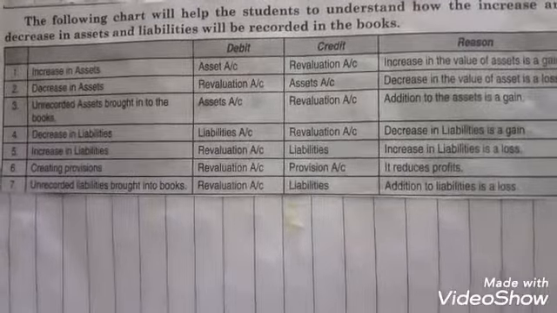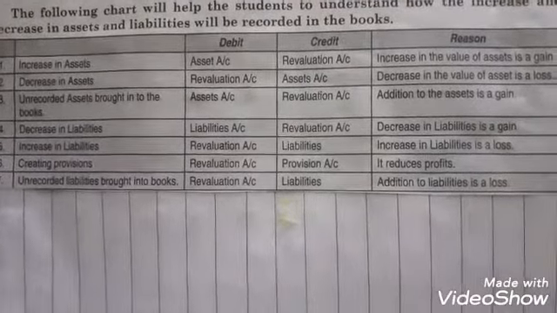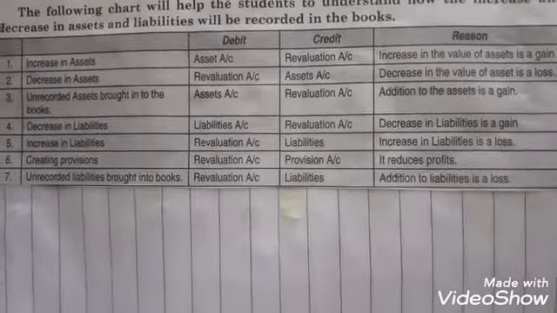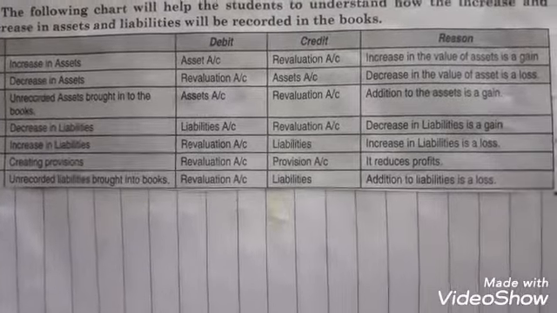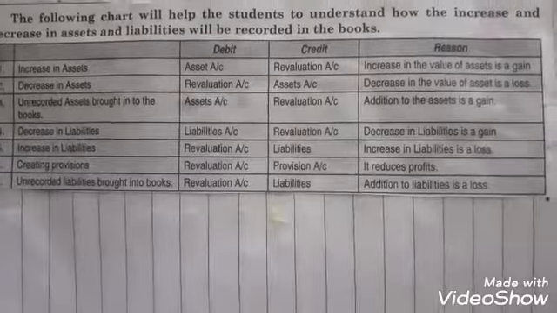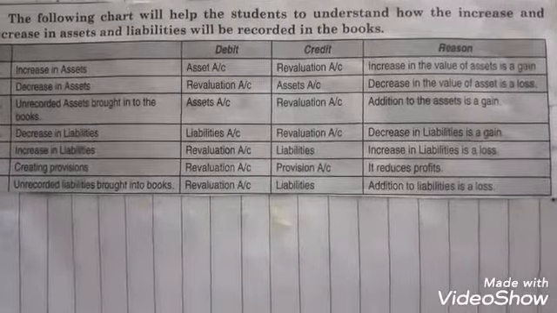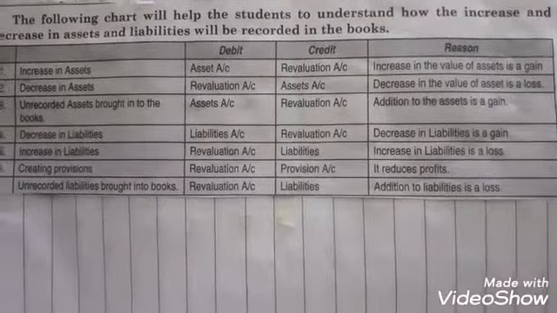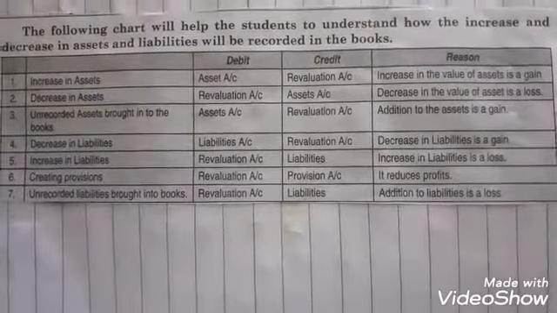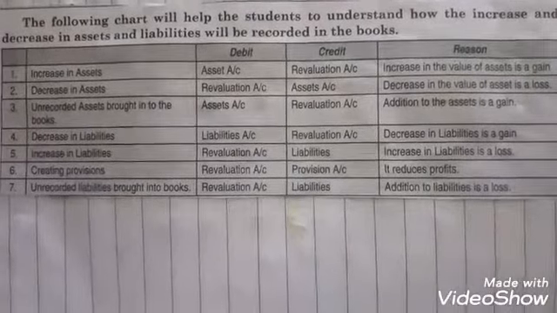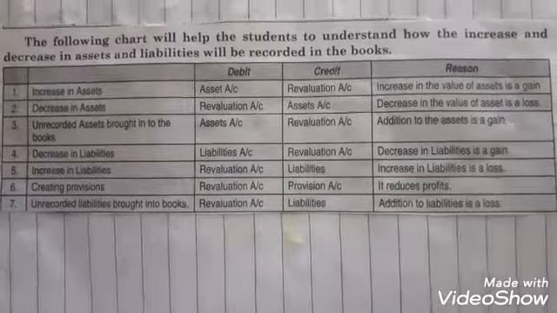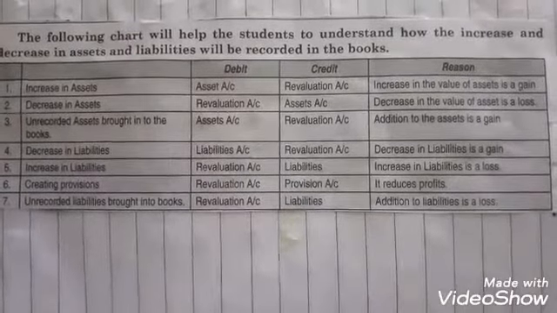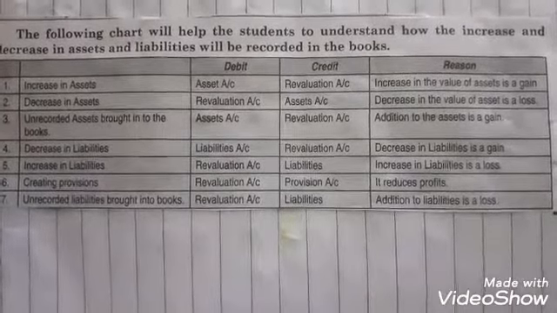Point number 4, decrease in liability. Again we have to pay less, so it will go to the credit side of the revaluation account. So you have to see in which condition which asset and liability will go to the debit side or credit side.